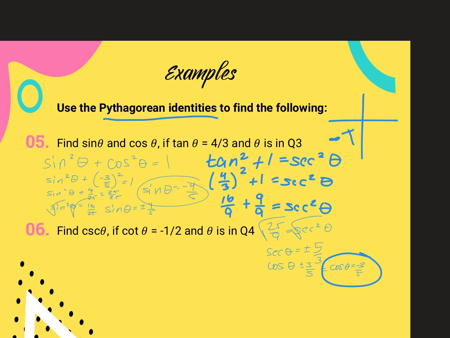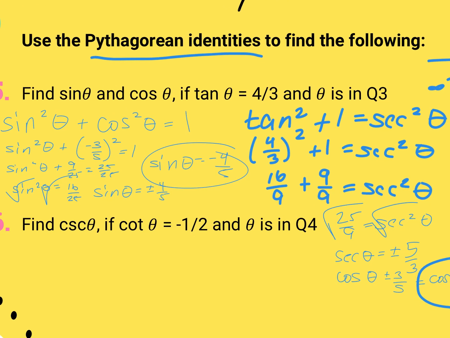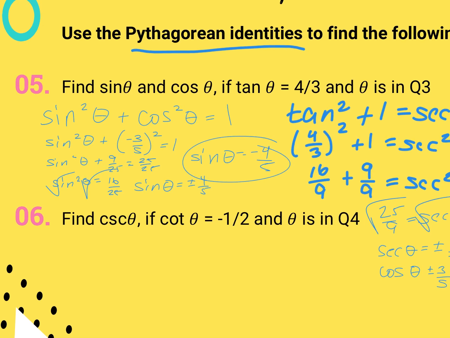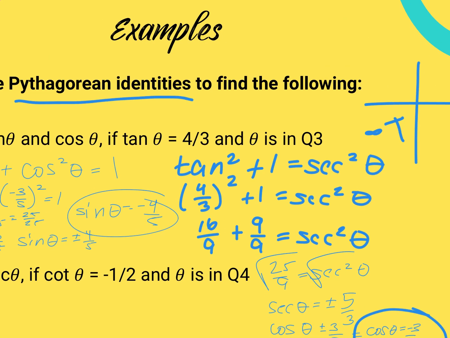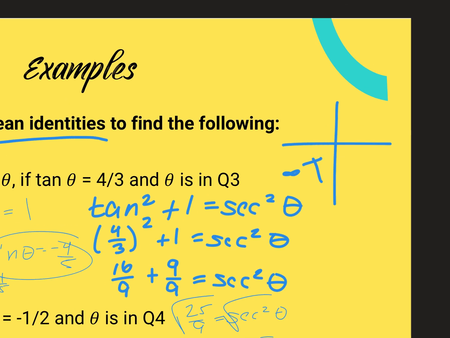But how could we check? Before, without using an identity, how could we figure that out? What did they give me initially? They told me the tangent.